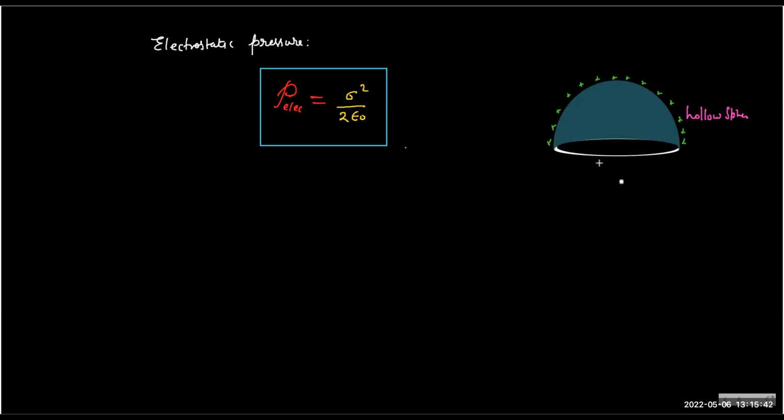So it's a hollow sphere. If you put the charge, then the pressure will be uniform throughout, and it will be pulled by the pressure this way. This is the pressure diagram.